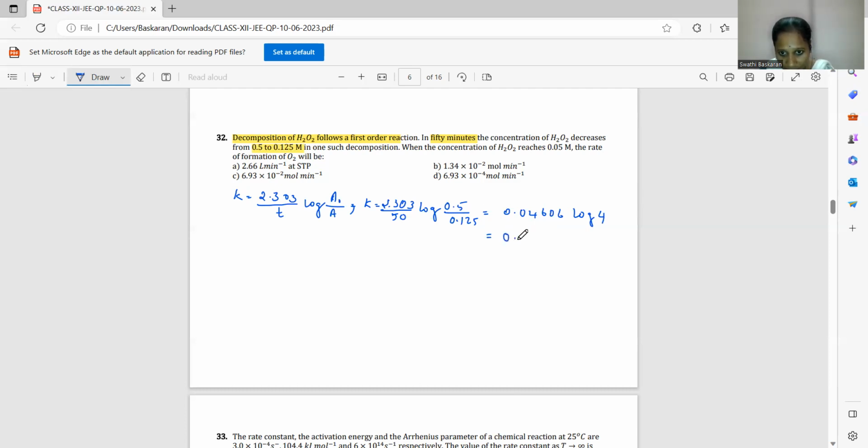So that becomes 0.04606 into 2 log 2. On simplification of this, the K value is determined to be 0.02.